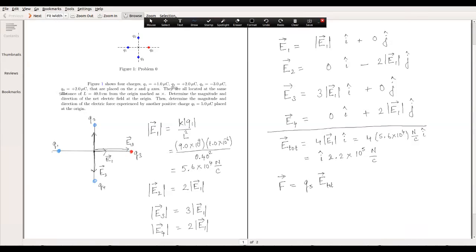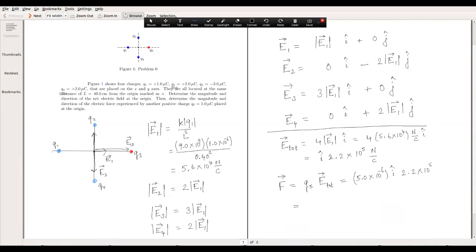Q5 is placed at the origin. It is a positive charge, so it is 5.0 into 10 raised to minus 6. Direction is i hat, and the magnitude of the electric field is 10 raised to 5. The unit of charge cancels, and we have newtons remaining.